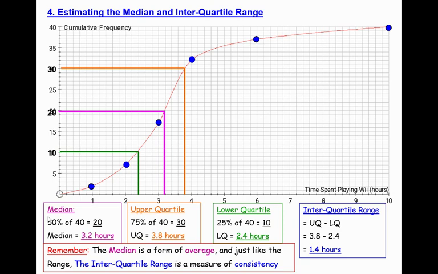Remember, the median is just another form of average, okay, which would be very useful for us when it comes to analyzing data. And range and interquartile range really tell us about the consistency of the data, on how spread out the data is. Okay, so do remember, very important, why these values are useful for us when it comes to analyzing data.